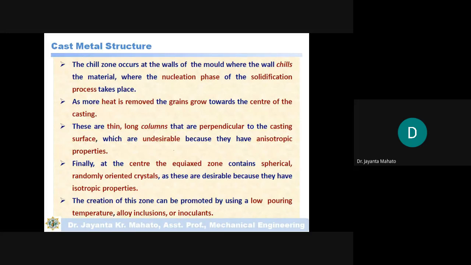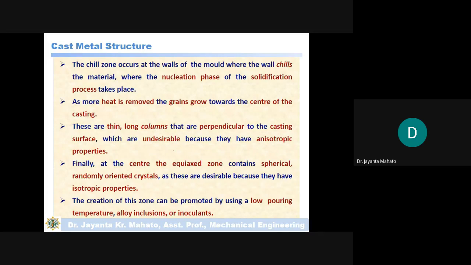First solidification occurs at the surfaces of the mold cavity, meaning the inner surface of the mold cavity. So faster grain growth occurs at the surfaces of the mold cavity.